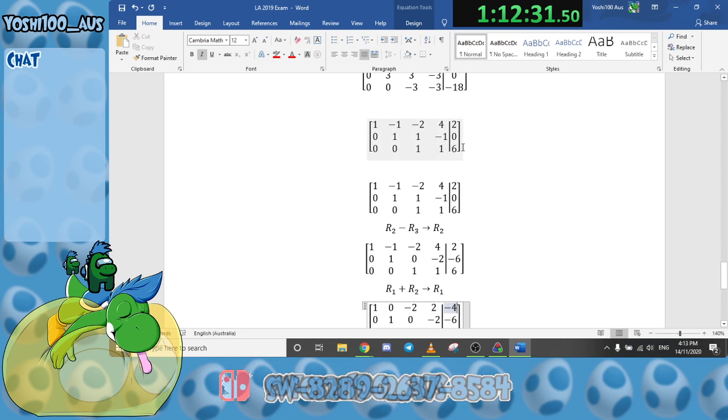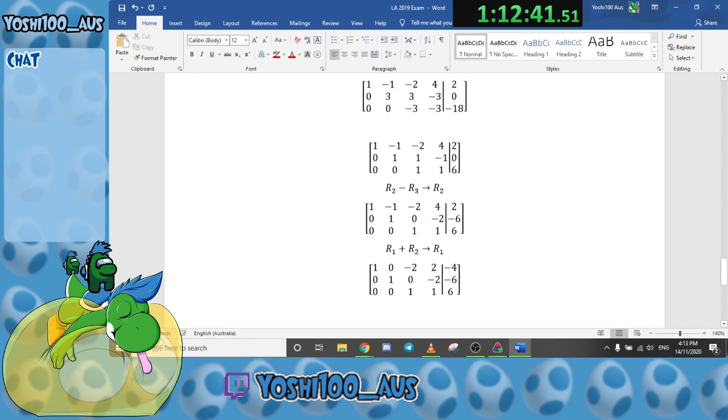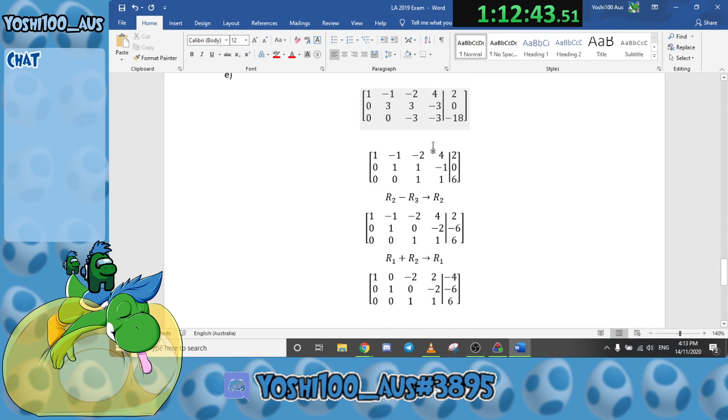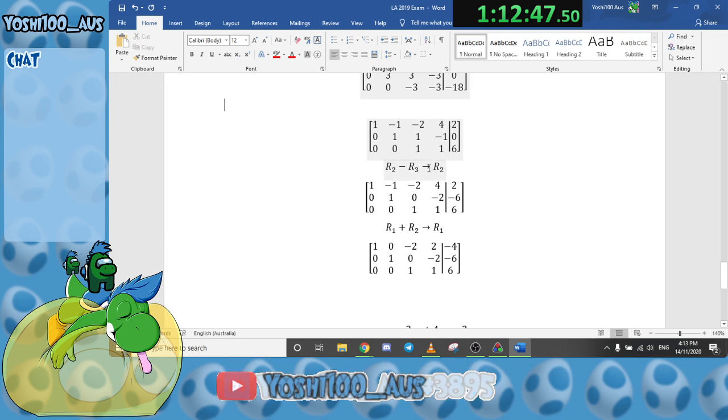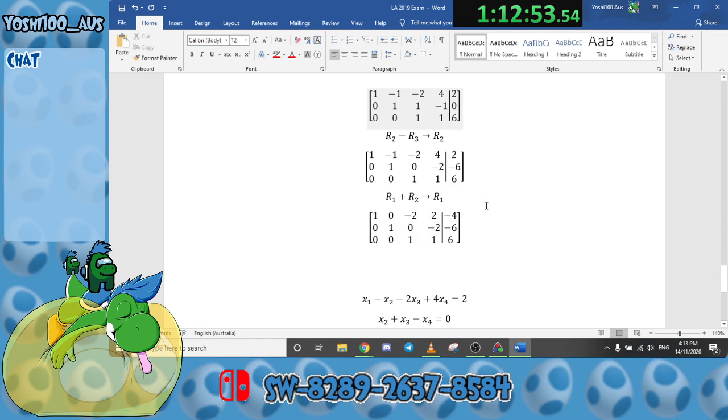Have I been making sure this right side is also getting affected correctly though? Let me just double check that. Did I copy this 2 times? No wonder I was so lost. Hold on. 1 1 minus 1 0. 1 1 6. Okay. Yes. And yes, of course. Cool.